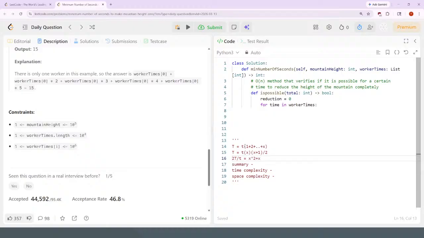Total time divided by t. 1 plus 2 plus 3. Oh boy. I can do something really janky. Oh boy.